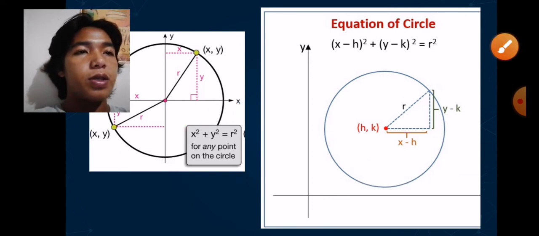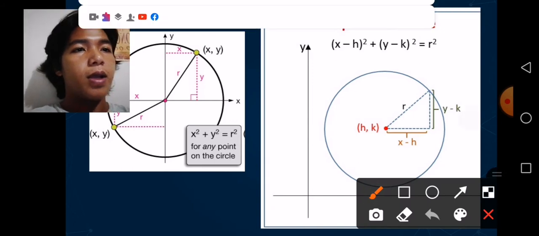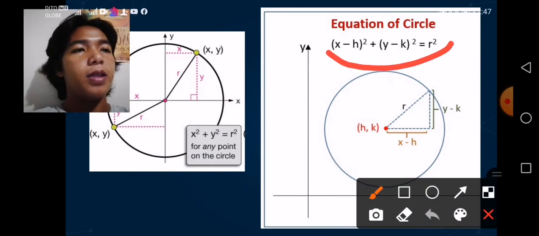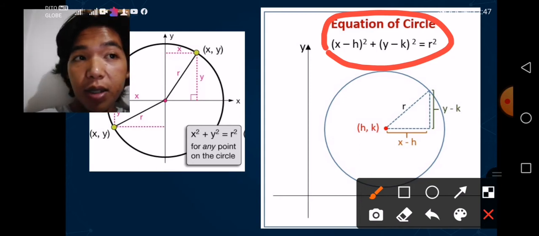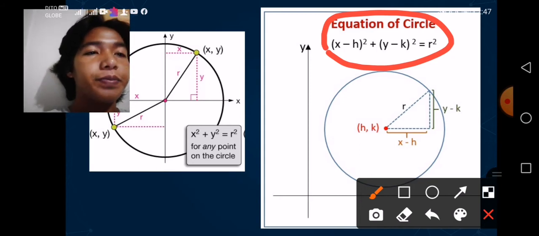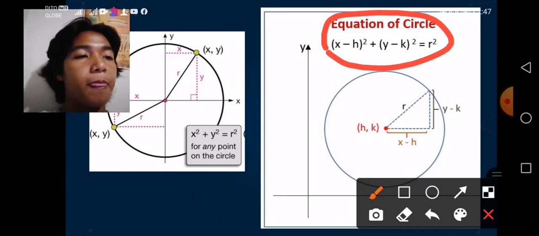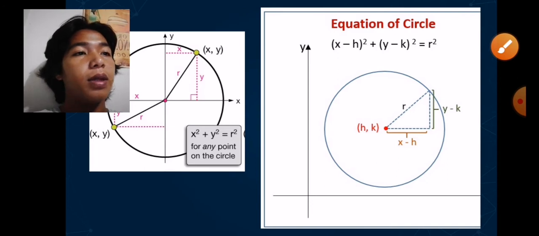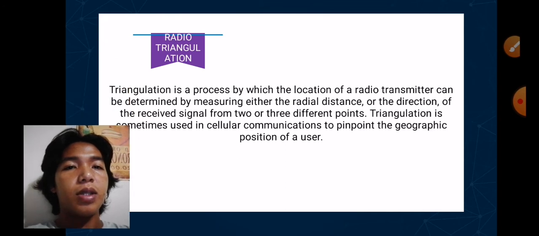And this kind of circle, its equation is x minus h squared plus y minus k squared equals r squared. Its center is located at any point in the Cartesian plane.